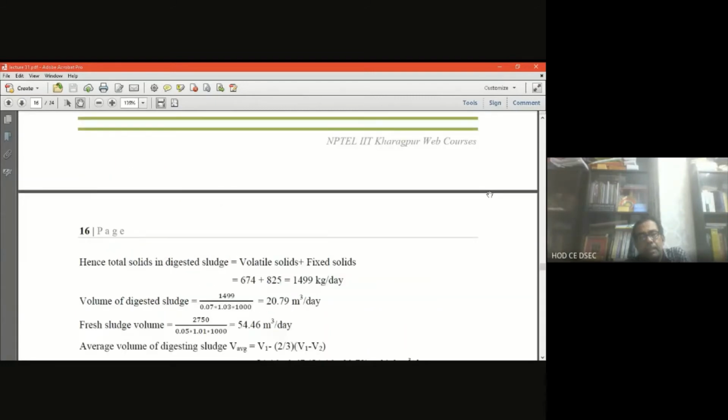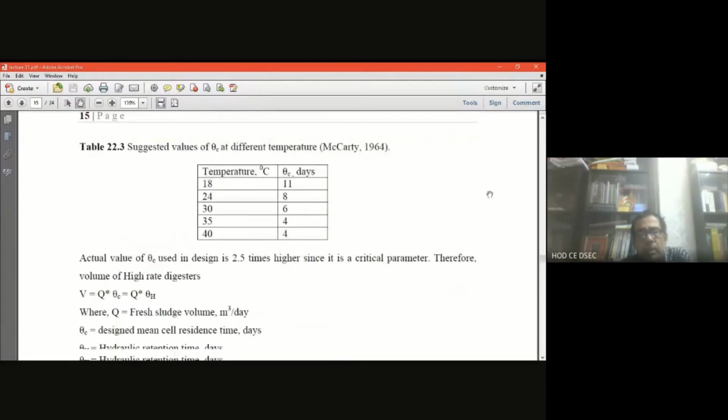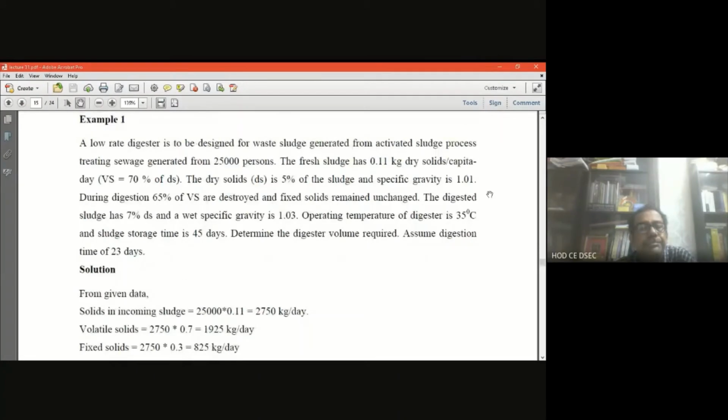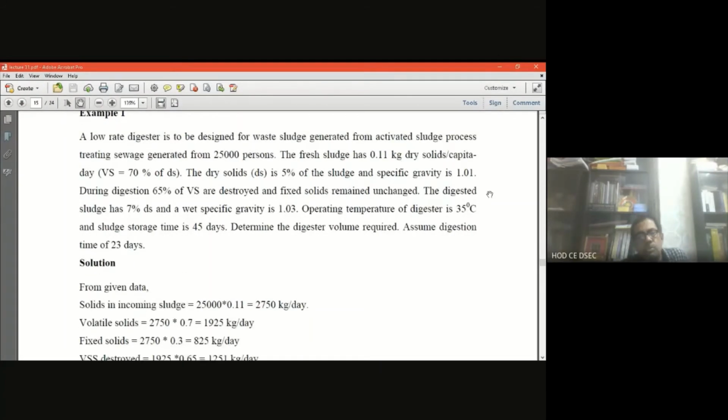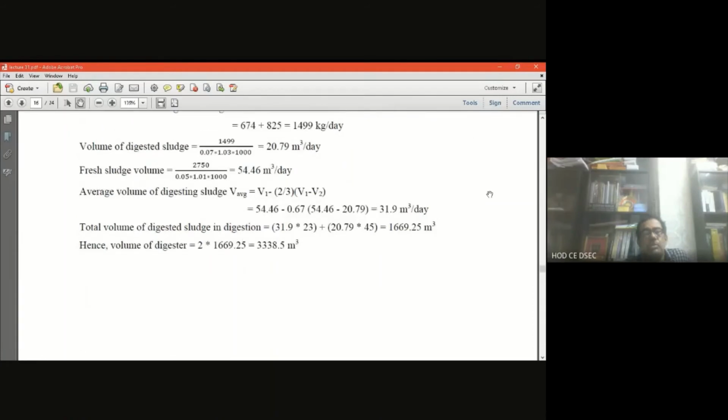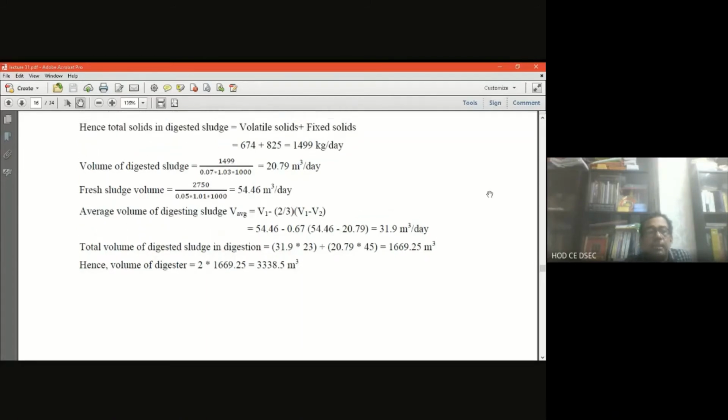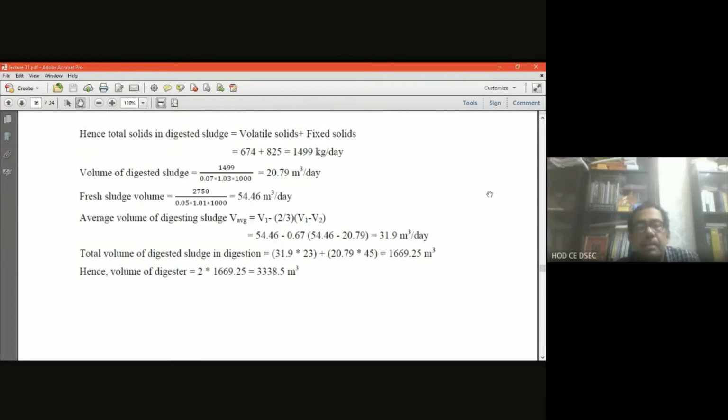And second, we are going to calculate the fresh sludge storage time, that is 45, into the volume of digested sludge. I mean to say, first we multiplied 31.9 into 23. What is 31.9? The average volume of digesting sludge.